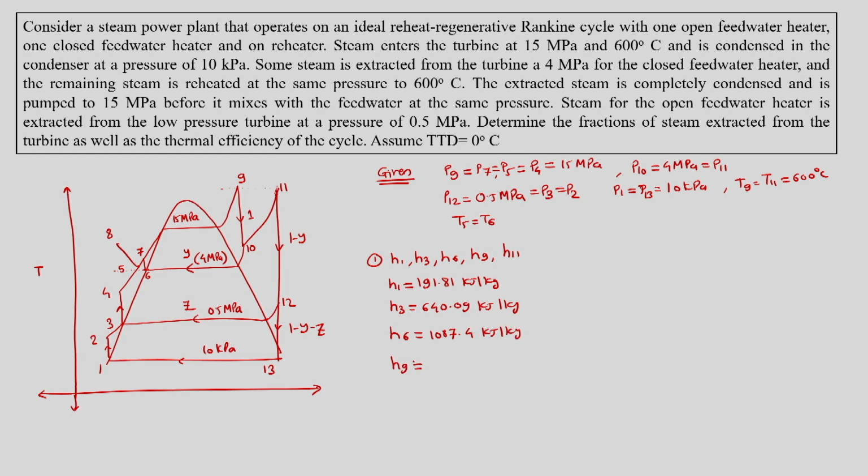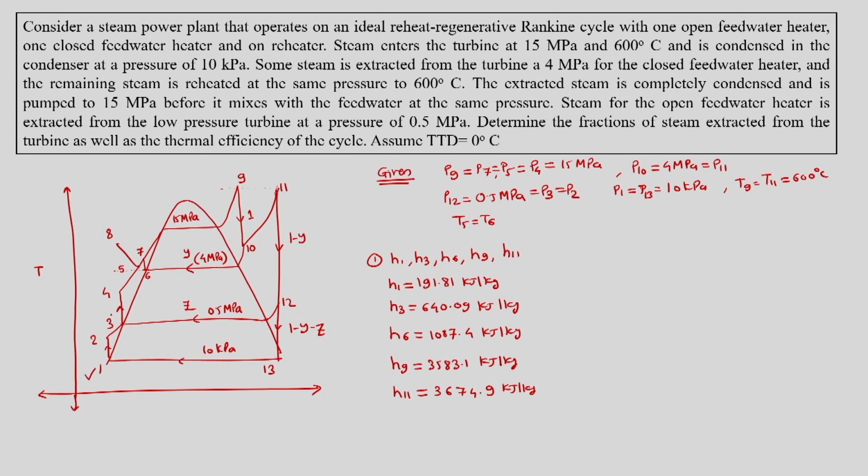Then we have H9, and H9 is turbine inlet, and H9 is the enthalpy, which is 3583.1 kilojoule per kg. Temperatures are same, so H11 is 3674.9 kilojoule per kg.